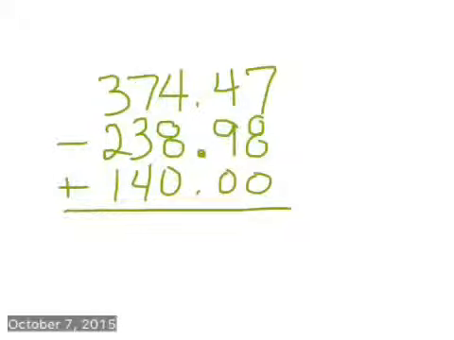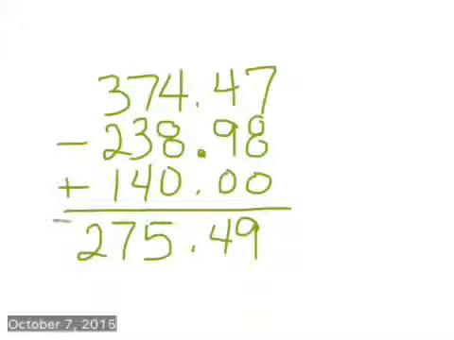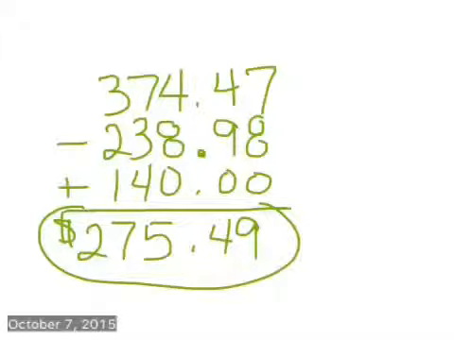So, to figure out your adjusted balance, you take the $374.47, you subtract the $238.98, and you add to it the $140. What do I get? How much money is there? $275.49. Is that what you got, Skylar? Mm-hmm. Should say it louder next time.